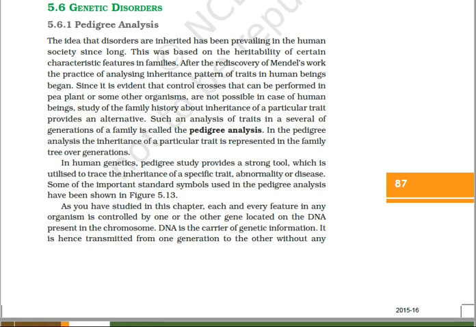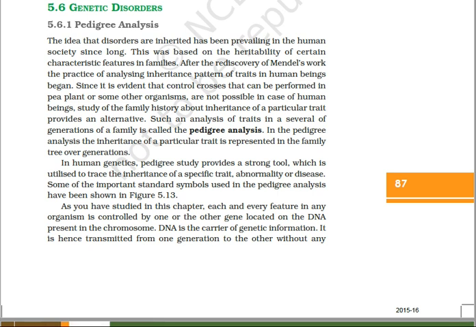Humans have a long generation time and often produce a much smaller number of offspring. The same is true of many other organisms, especially mammals. In all such cases, to study the inheritance of a trait, the pedigree analysis is done, where information about the family is collected and assembled like a family tree.